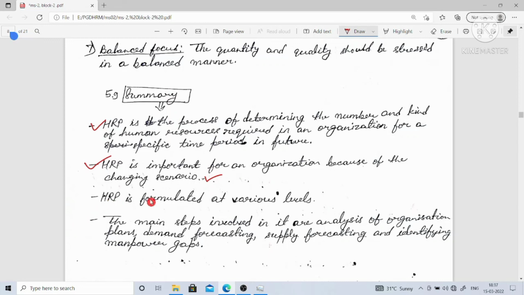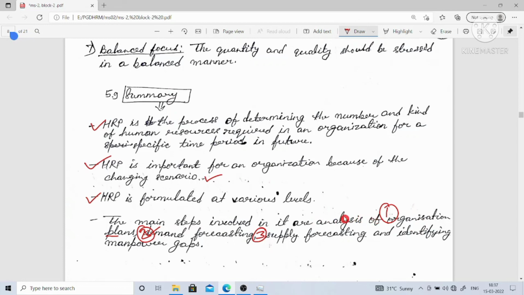Human resource planning is formulated at various levels. The main steps involved are: first, analysis of organization plans; second, demand forecasting; third, supply forecasting. Organizational plans means the different plans the organization has for the future.